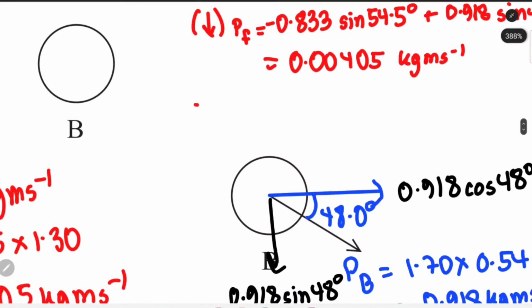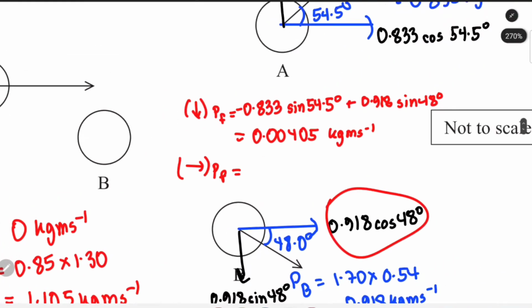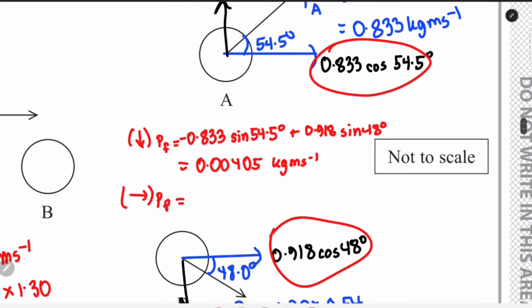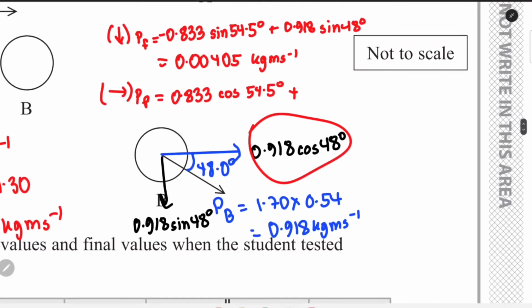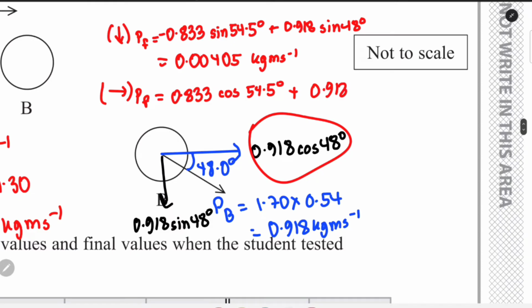And if I want to find the momentum component to the right, this is the addition of this term and this term. We have 0.833 cos 54.5 plus 0.918 cos 48.